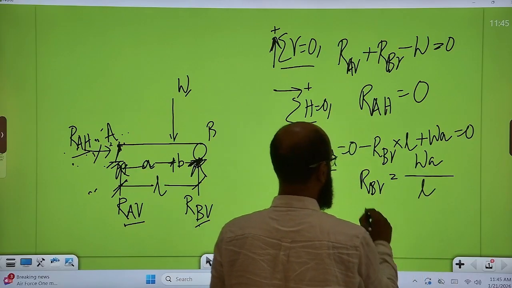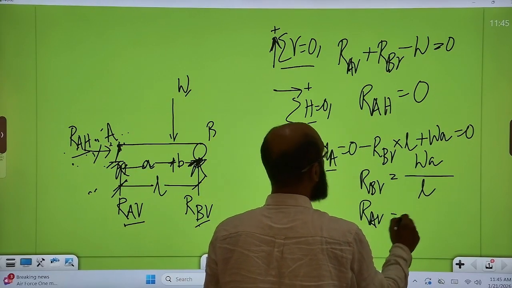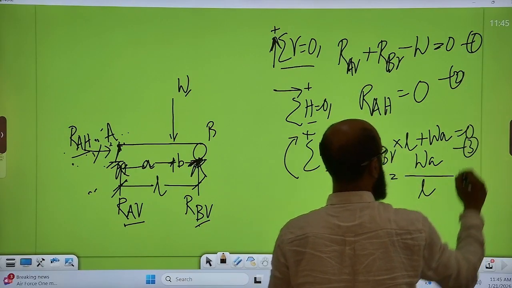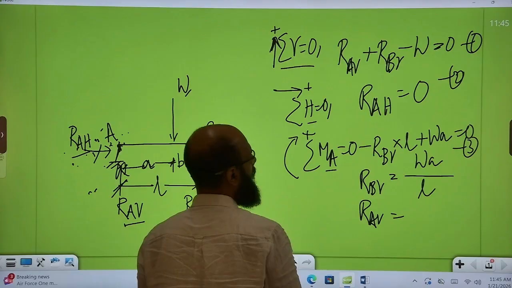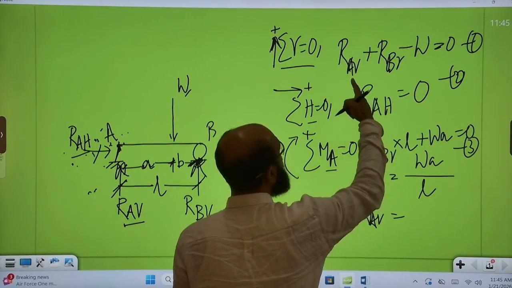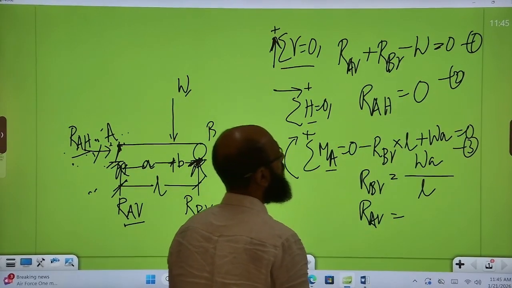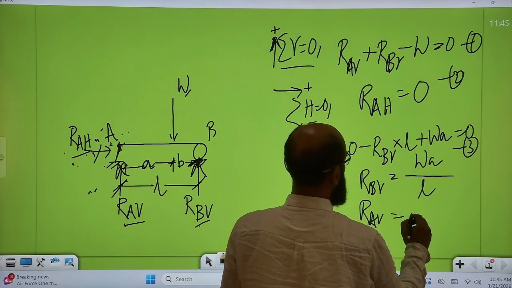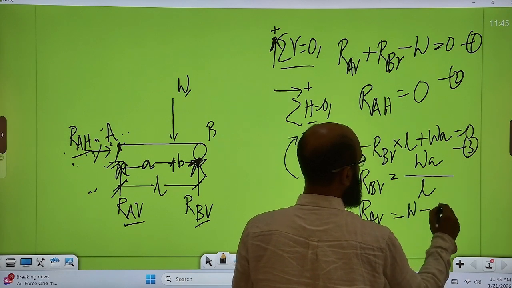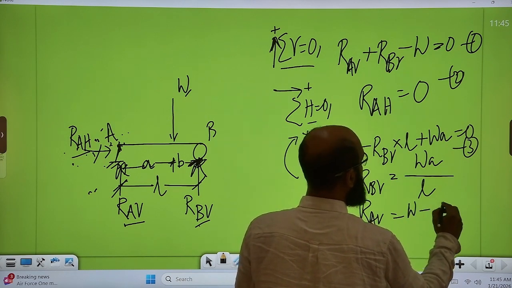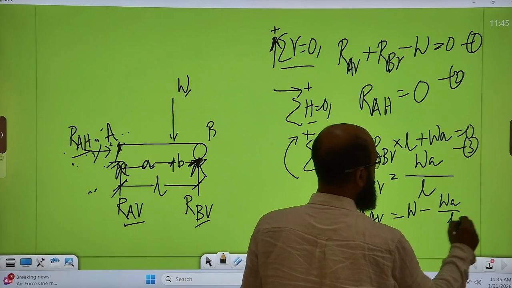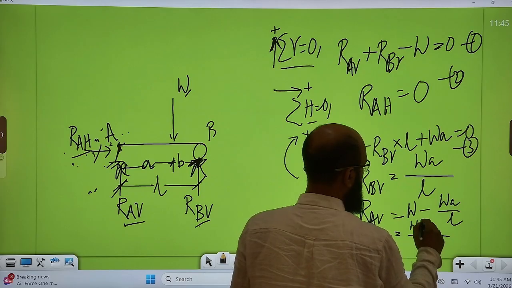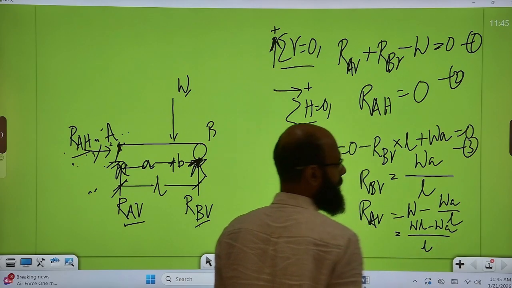So this will be equations 1, 2 and 3. From equation 1 you can find out RAV. RAV will be W minus RBV. RBV means Wa by L. So you can write (WL minus Wa) by L. You can see, no?